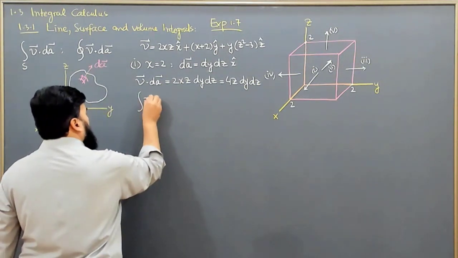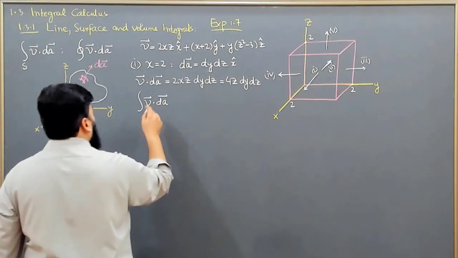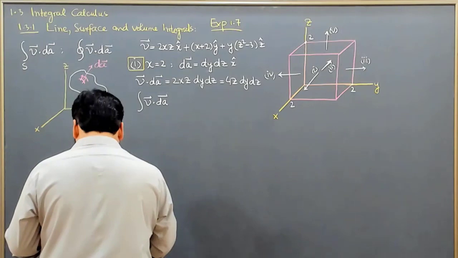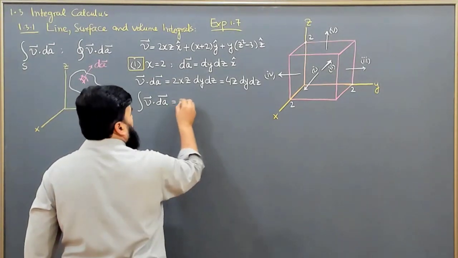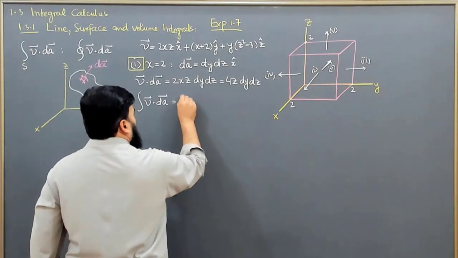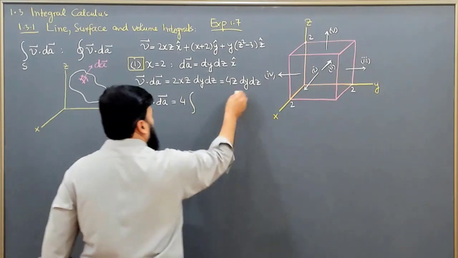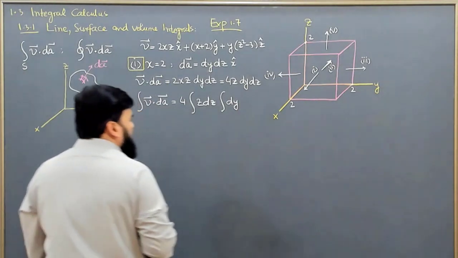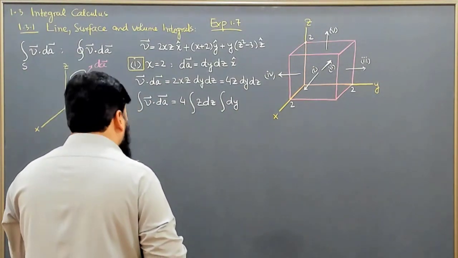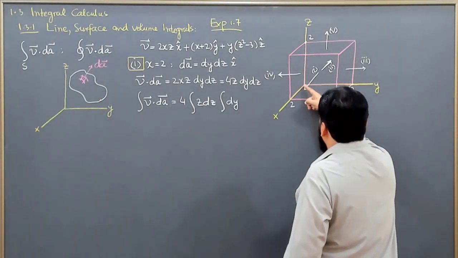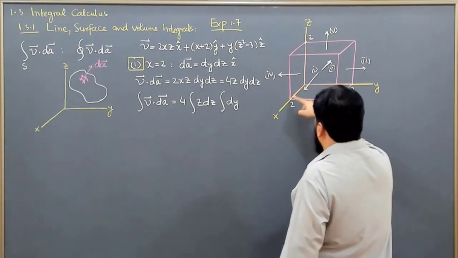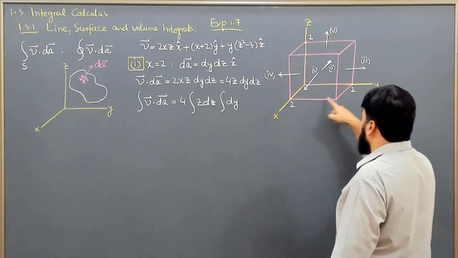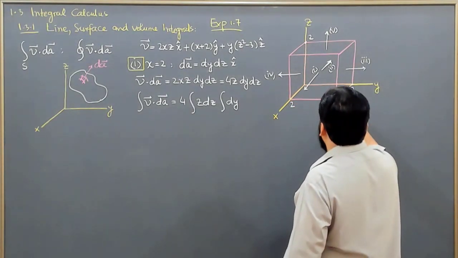So the integral of v dot dA is equal to 4 times the integral of z dz, times the integral of dy. Now how much is y changing along this face and how much is z changing? At x equal to 2 is this face, and this face is built when y runs from 0 to 2 and z runs from 0 to 2.